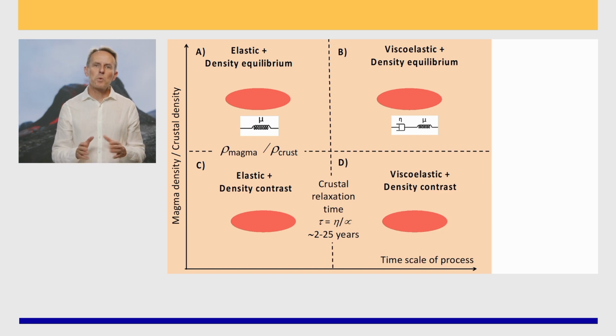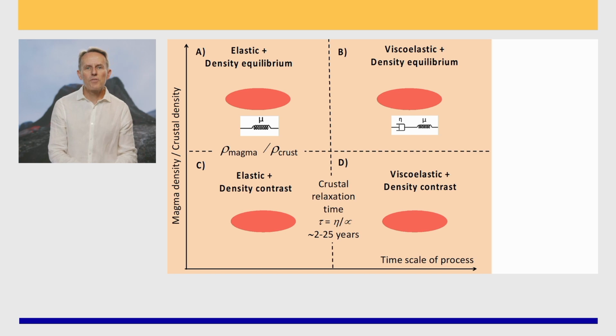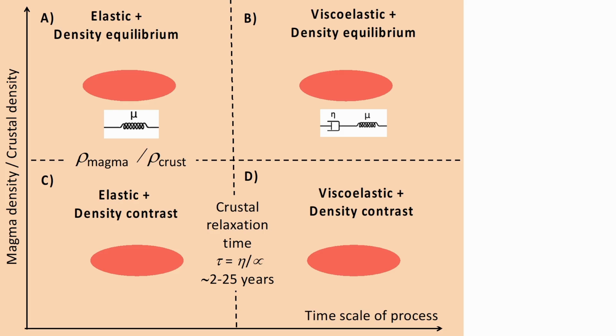This figure has 4 quadrants. A situation in quadrant A on the upper left is considered in most deformation models. Elastic behavior is assumed, and density difference between magma and host rock is not considered. The Earth behaves as a spring.